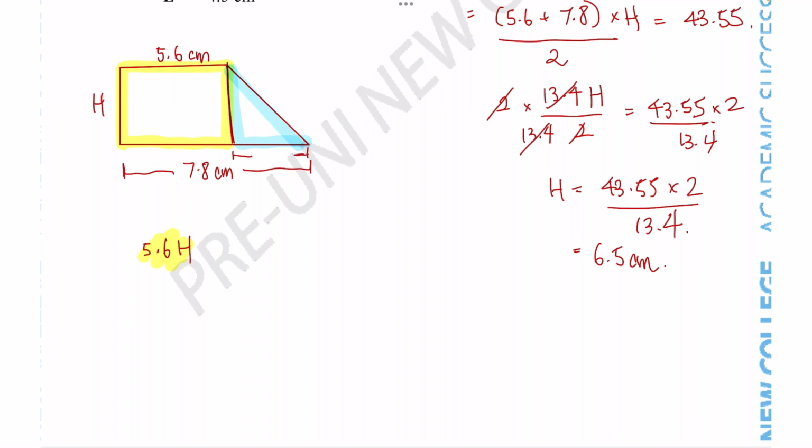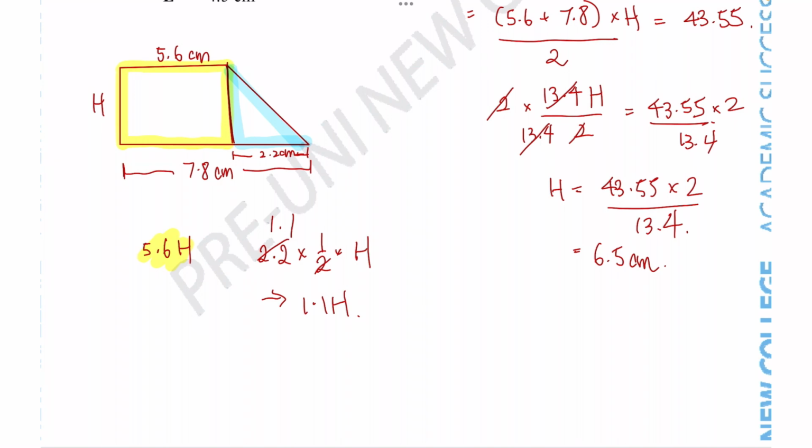That's just the difference between those two numbers, which gives us 2.2 centimeters. Now we know the base, and we also have a value for the height of the triangle, which is just going to be our h. So the area of that is going to be 2.2 times half times h, which we can simplify to 1.1h.